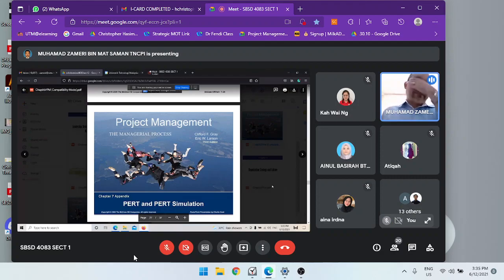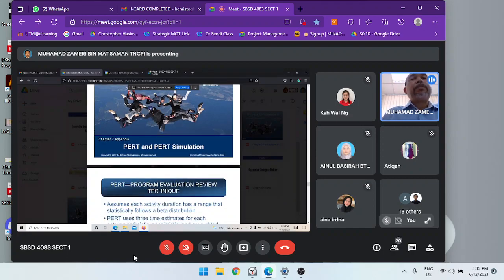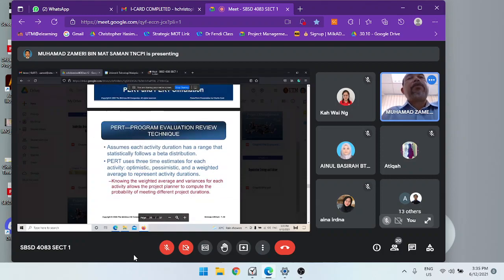Okay, so in order to manage a risk in project management, we have one technique to overcome all the risks. The technique we call PERT, P-E-R-T. PERT is the technique to overcome all the problems in managing project, in scheduling project. PERT stands for Program Evaluation Review Technique.